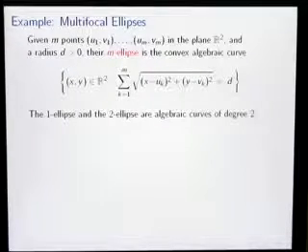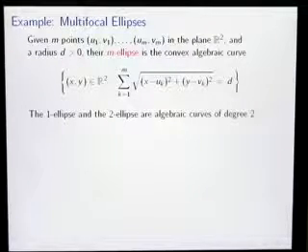I fix m points in the real plane with coordinates (u_i, v_i), and I also fix a positive number d. By definition, the m-ellipse is the curve consisting of all points (x, y) whose distance sum to the m given points is d.